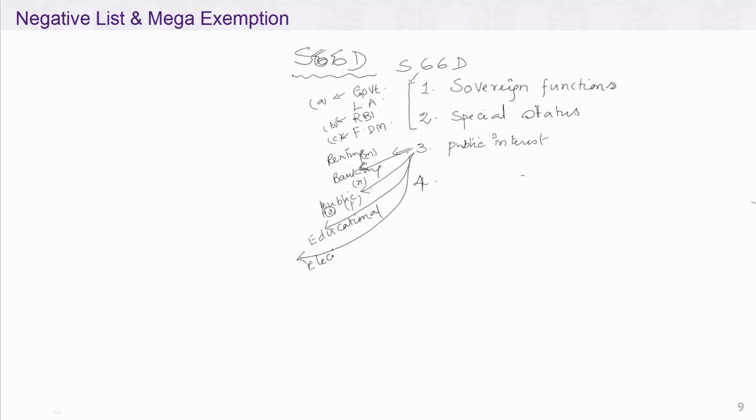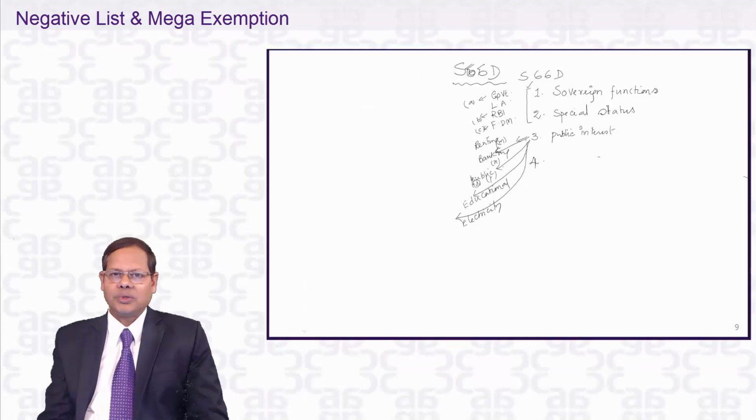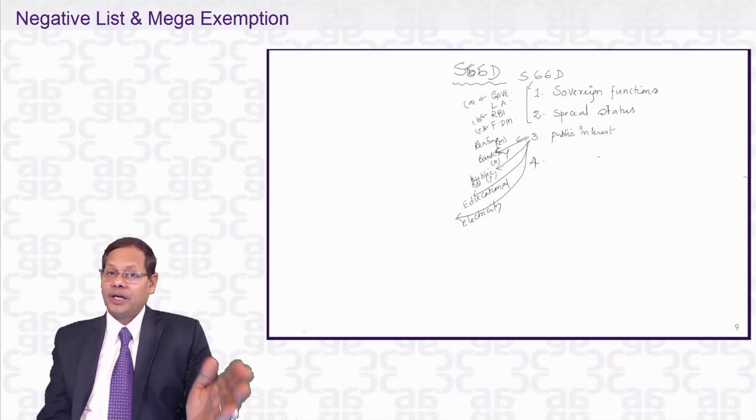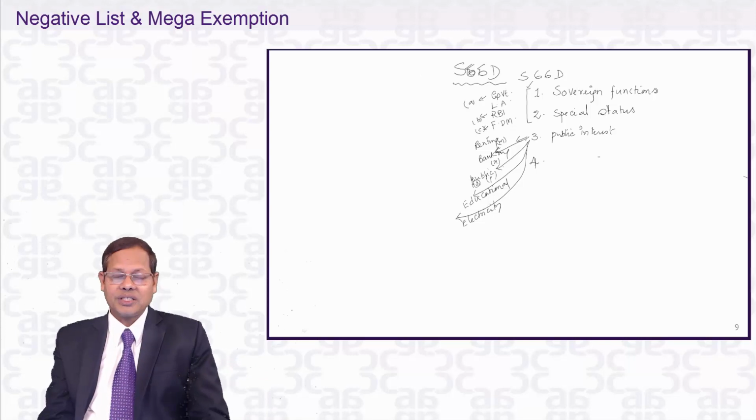So electricity, even no excise duty on electricity generation. Electricity is produced, it is accessible. Of course, it is there in the Tariff Act, but blank means no levy. No excise duty, and distribution is an activity.